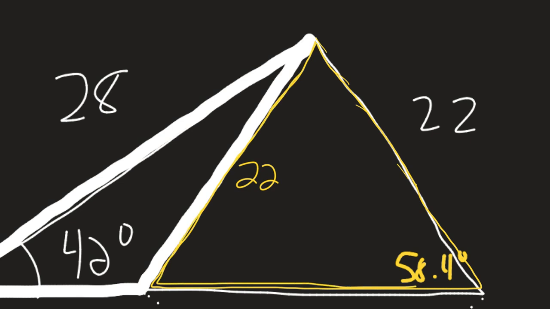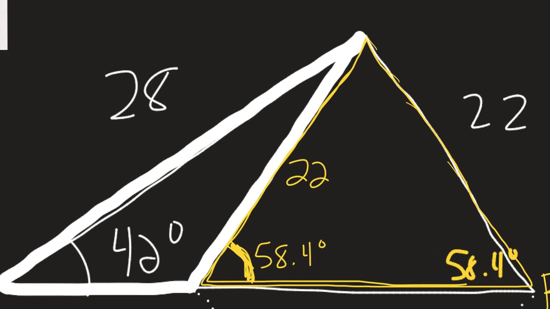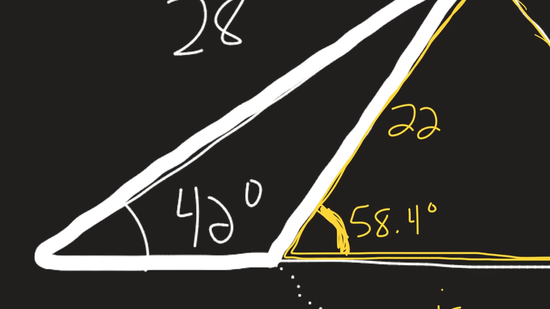This is an isosceles triangle, and if your two sides are equal, that means your base angles are also equal. So if this was angle B that you calculated a second ago as 58.4, that means this part is also 58.4.